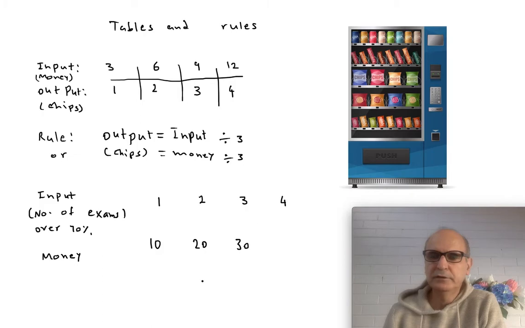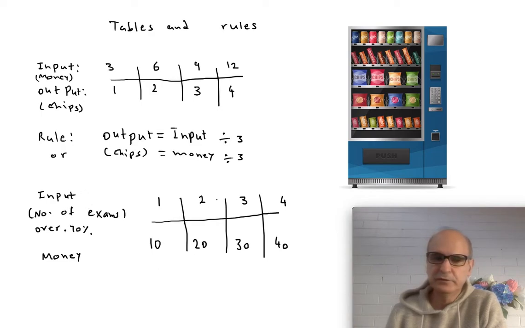And if you get over 70% in four exams, you get $40. Again, here we made a table of values. That was our input, that was our output. Input was the number of exams where you get over 70%, and output was the amount of money you get as your prize.